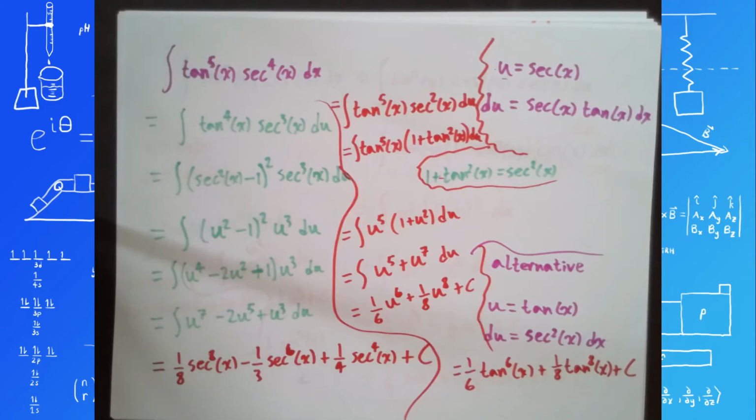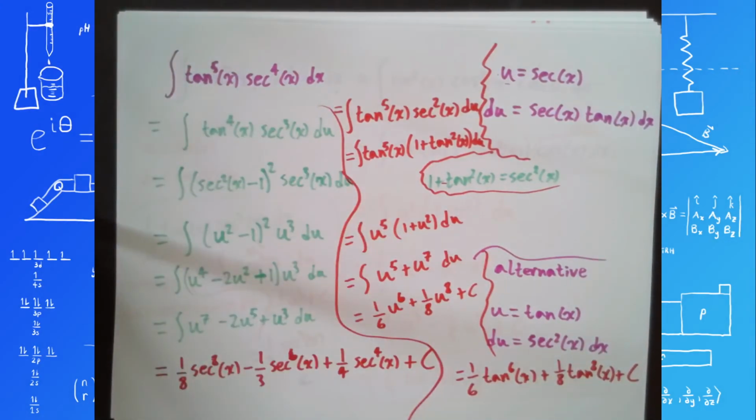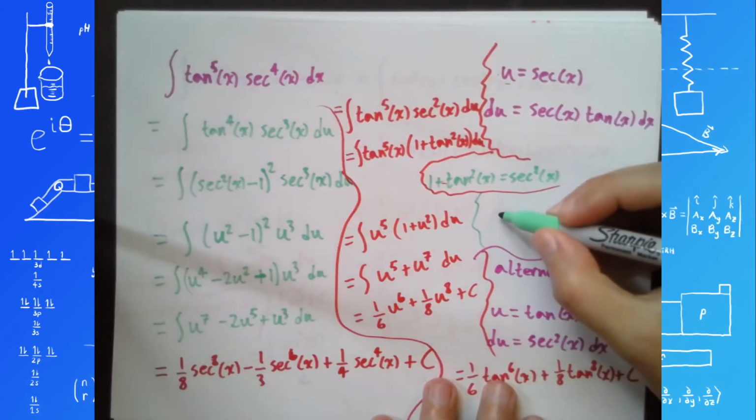I guess we could do cosecants and cotangents, but they function pretty much the same as tangents and secants do. They have pretty much the same pattern. Only difference is a slightly different trig identity.